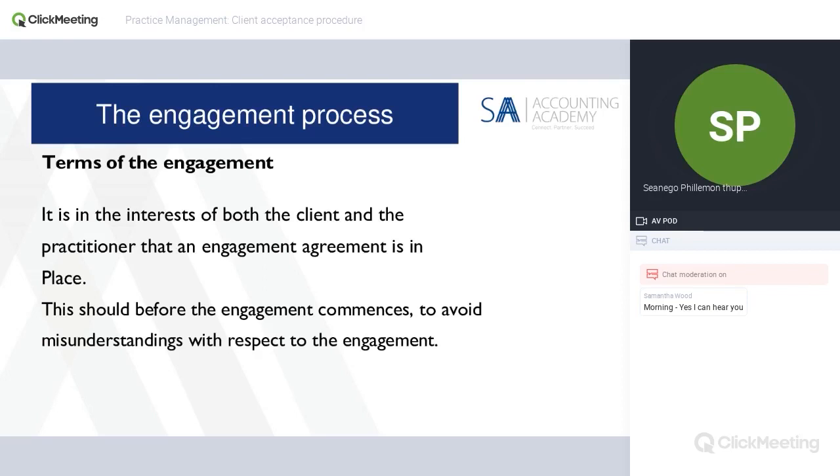This is the engagement process. You need to see to it that your client understands everything that you'll be taking him or her through in the process of engagement. The client needs to understand. It is very much important. It is very much critical, because tomorrow, if disputes arise between you and the client, the client may say, I did not understand this and that.